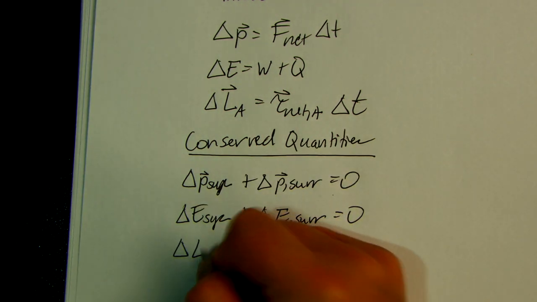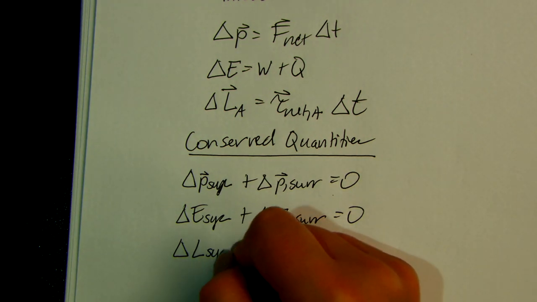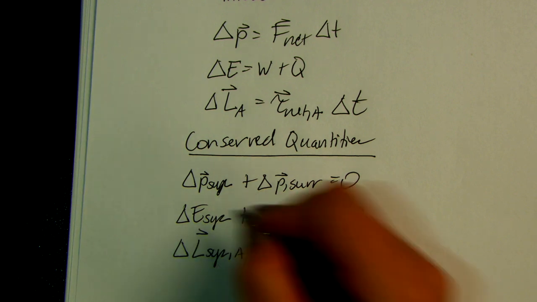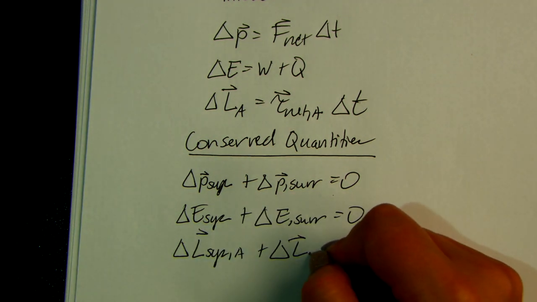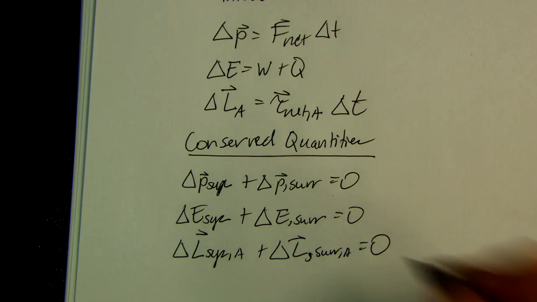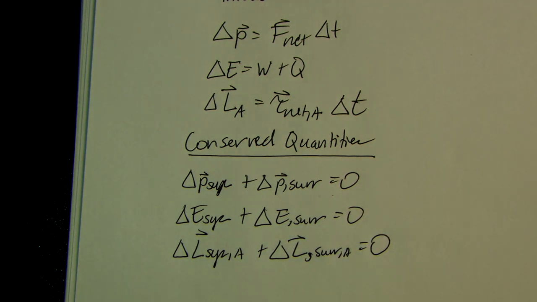The change in angular momentum of a system plus the change in angular momentum from the surroundings is equal to 0. And there you have it. There is the crux of Physics 1 all written right here. I guess we're done, except we should really do some more examples with angular momentum. Okay, so let us do that.